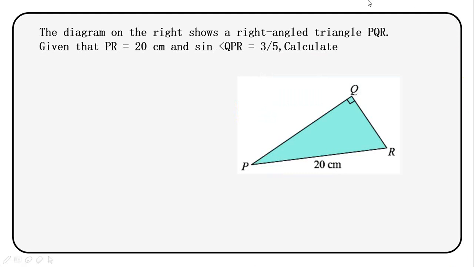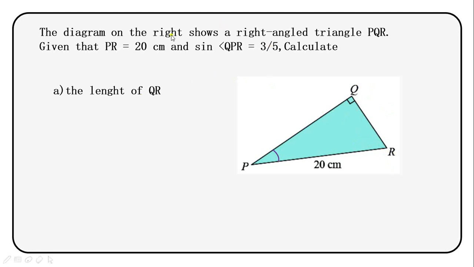Okay, let's look at this example. The diagram on the right shows a right angle triangle PQR. Given that PR is 20 cm and sine angle QPR equals 3 over 5. Calculate the length of QR.